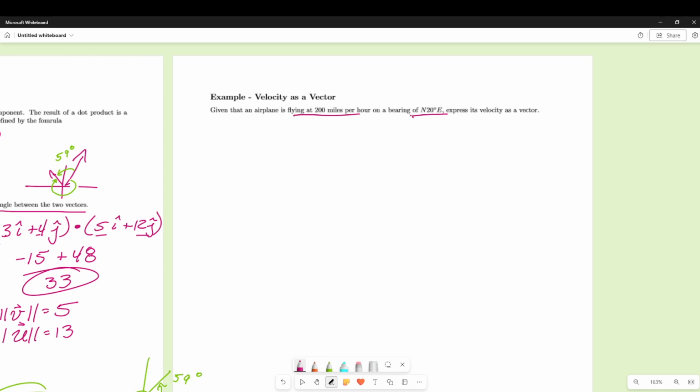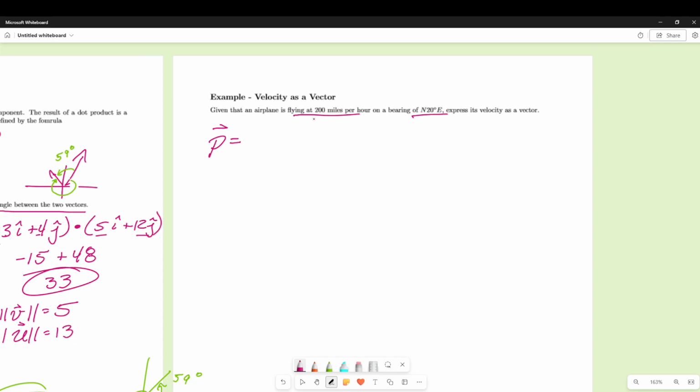But that all only works if the wind and the plane are going in exactly parallel directions to each other. When they start going at weird angles, our dot products and our adding and subtracting vectors all come into play. So, with all that in mind, how do we build a vector for this plane?